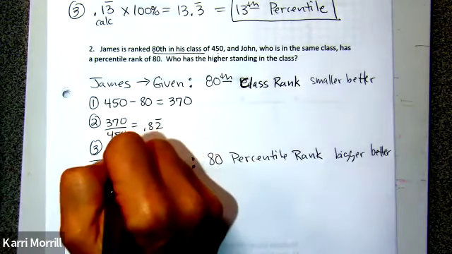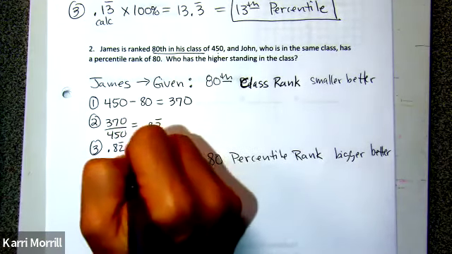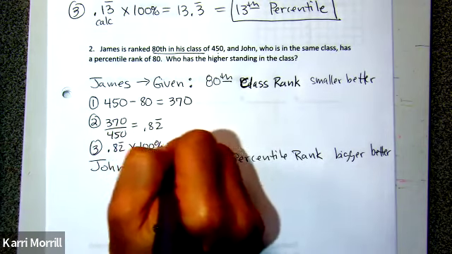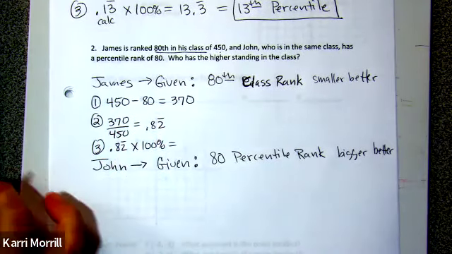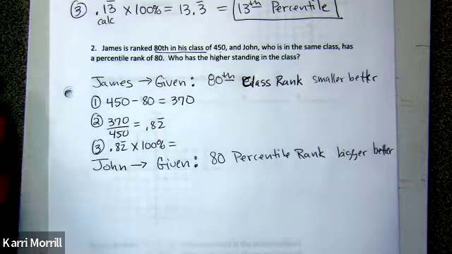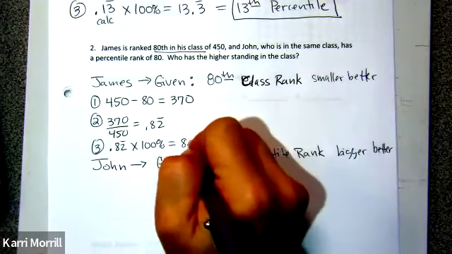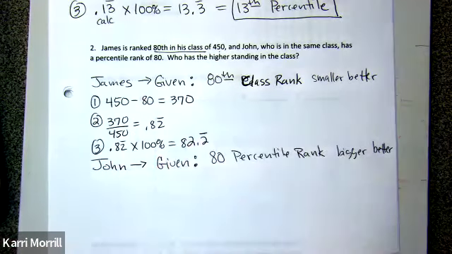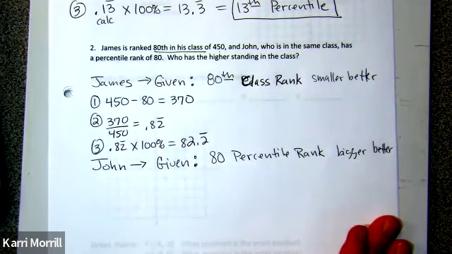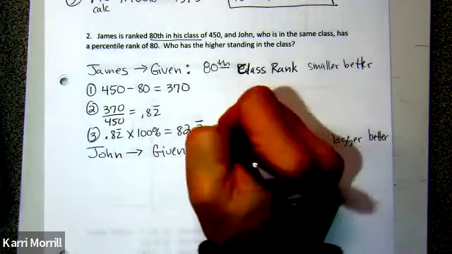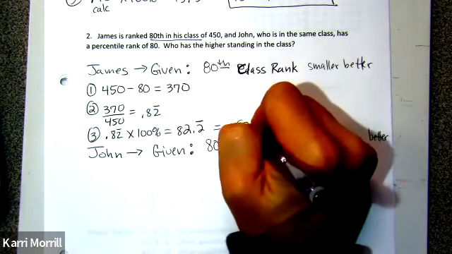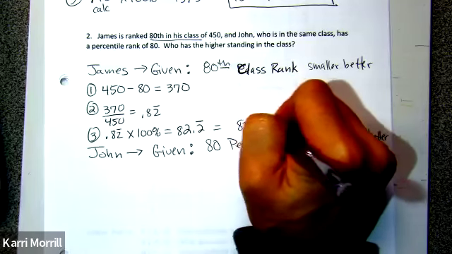The third thing I do is turn that into a percentage by multiplying it times 100 in my calculator, which would be 82.2 repeating. Remember, we can always round this with general rounding rules. So this one would really be the 82nd percentile rank.